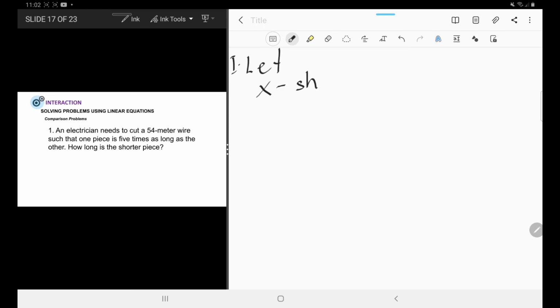So this is the shorter piece of wire. And it says here that one piece is 5 times as long as the other. So that's 5 times the shorter piece. So the longer piece of wire is 5x.